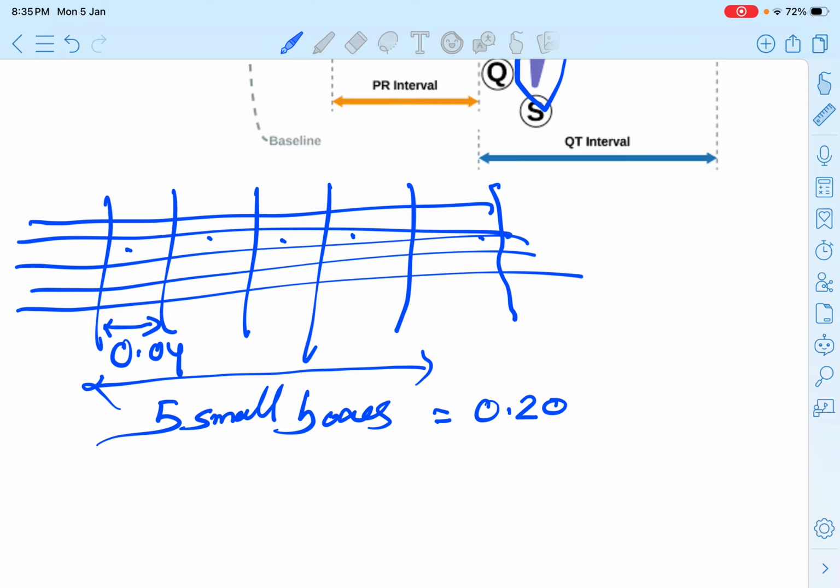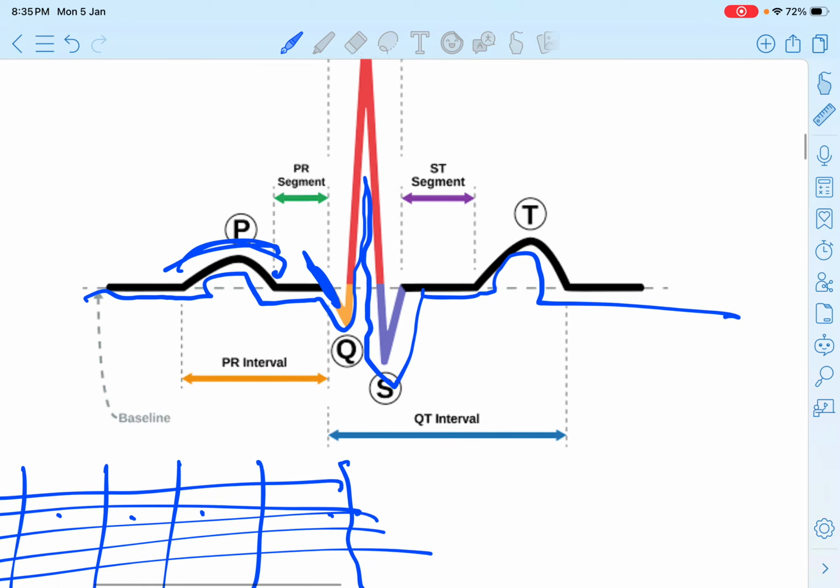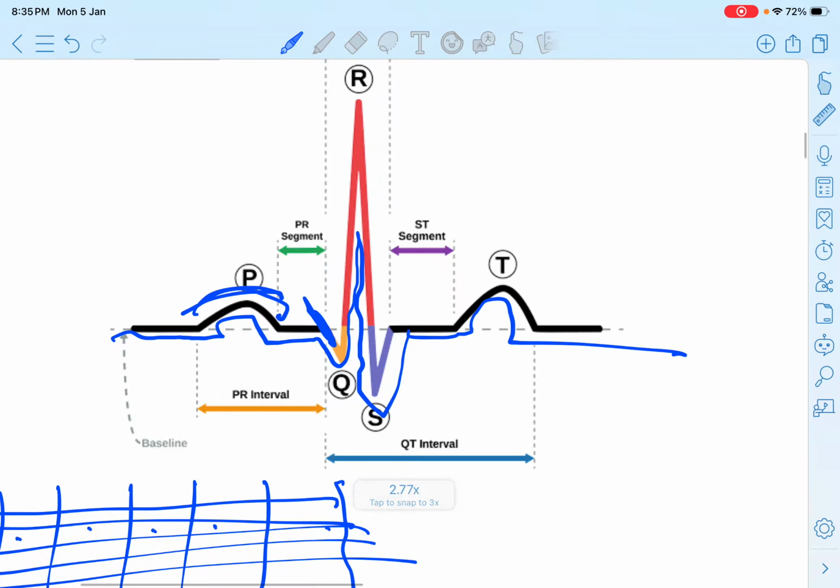Okay, normal ECG waveform. I already showed you. This is the P wave we will find in the ECG graph. That is Q wave. This is the Q wave. This is the R wave, the long segment.